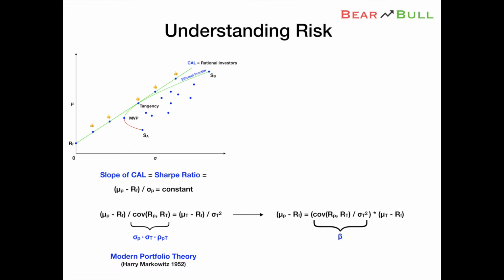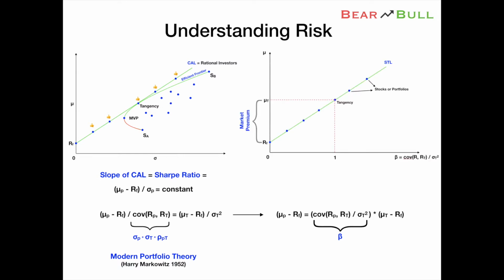We can also plot this equation on a graph where we have beta, systematic risk, here on the x-axis and return on the y-axis. Our equation is represented by a straight line crossing the y-axis here at the risk-free rate. This is a fundamental insight stating that all assets and portfolios should have their returns determined by their systematic risk, which again is the part of the volatility that we cannot diversify.